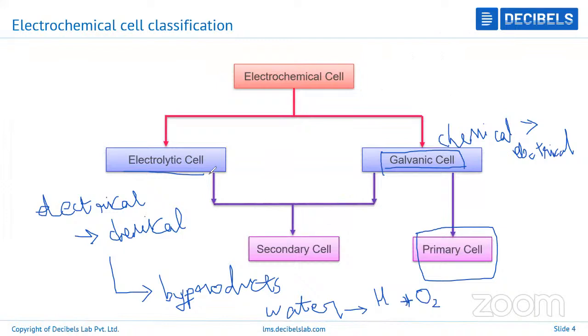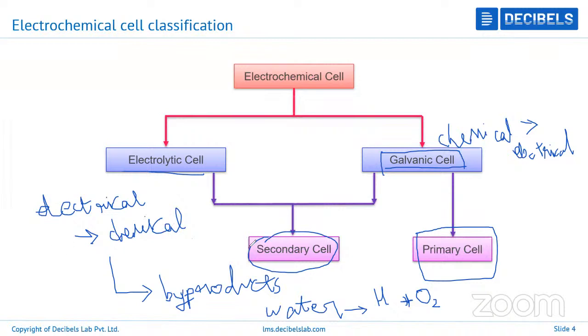Now, if you combine these two methodologies, the working of an electrolytic cell and the working of a galvanic cell, you get a secondary cell. What that means is that it is capable of producing electrical energy from chemical energy, and it is also able to replenish its chemical energy by receiving electricity.